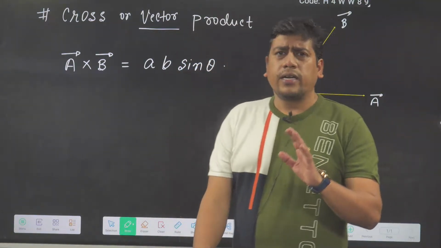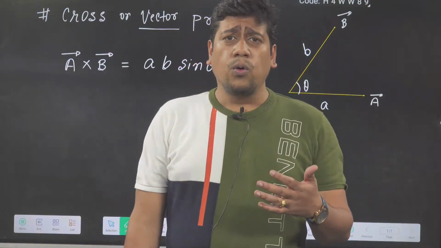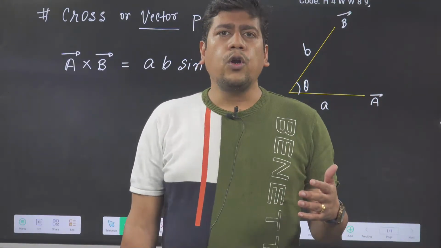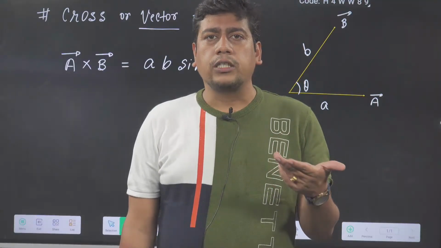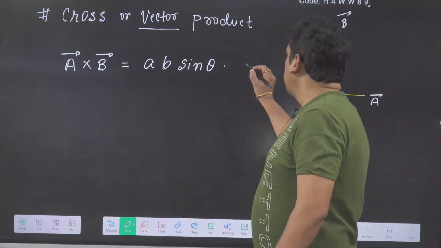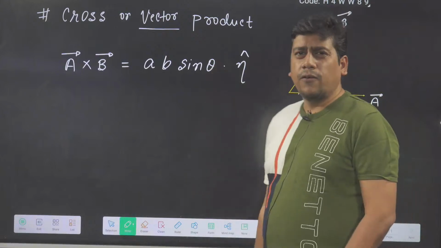Now that unit vector, like i cap, j cap, k cap. But I don't know what will be the direction of A cross B. It will be along x axis, y or z or anywhere else. Okay? That's why we are going to call it eta cap. Any name you can give.